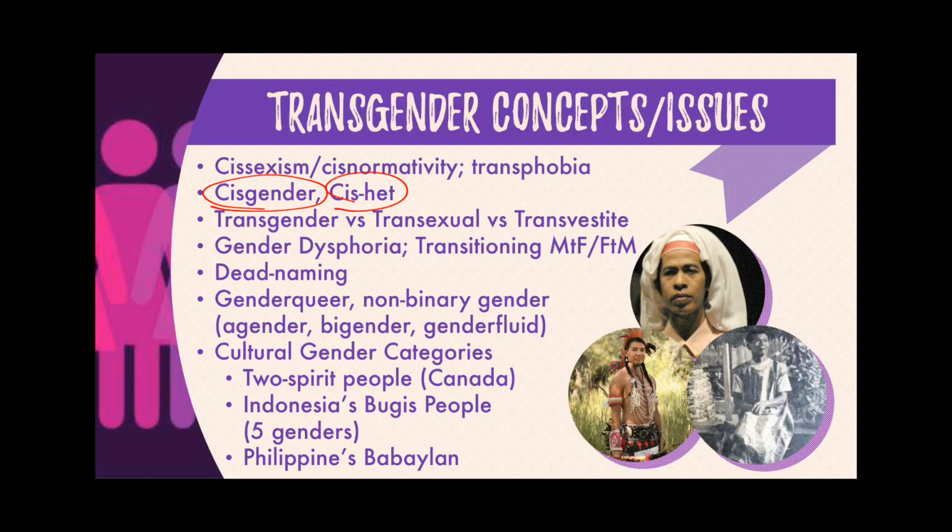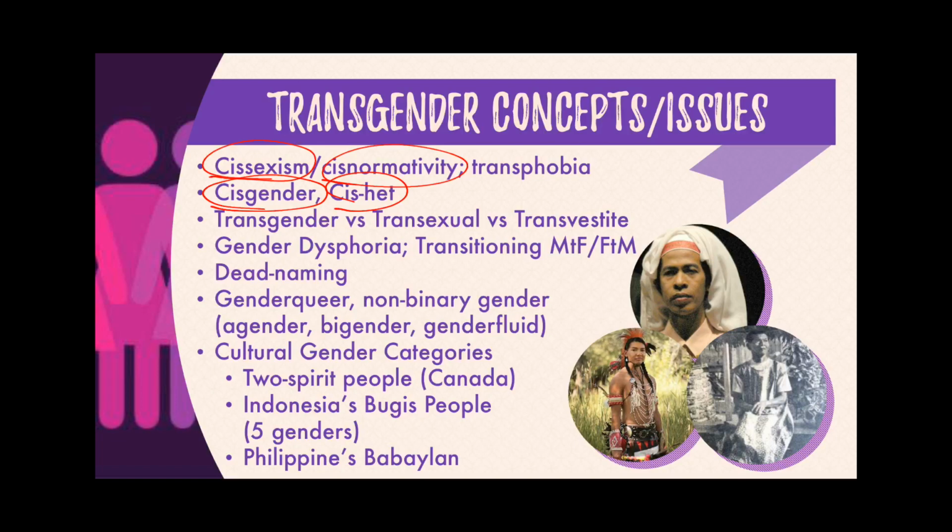Now, you will come across also terms like cissexism or cisnormativity, and basically this is the ideology that puts cisgender identities as the normal social identity for gender identities, and the cisnormativity also introduces discrimination against those who do not conform to cisgender identities.